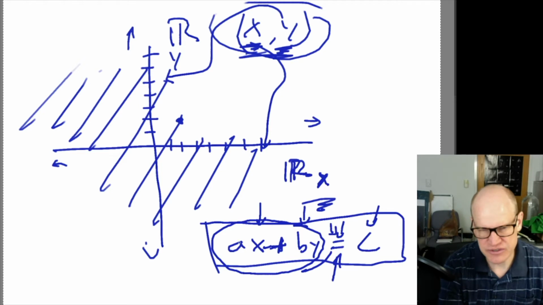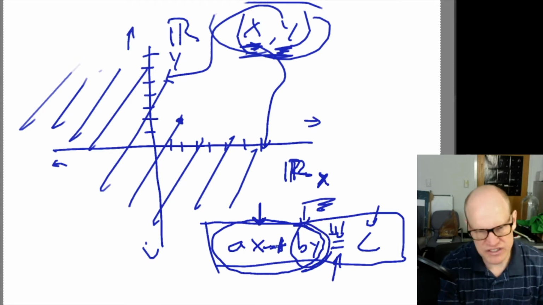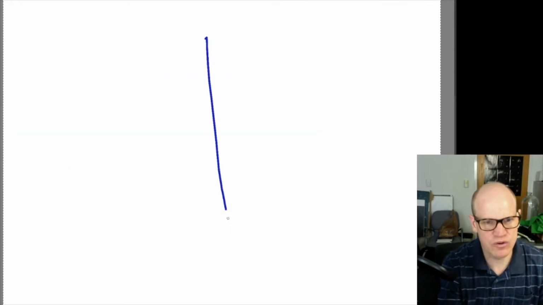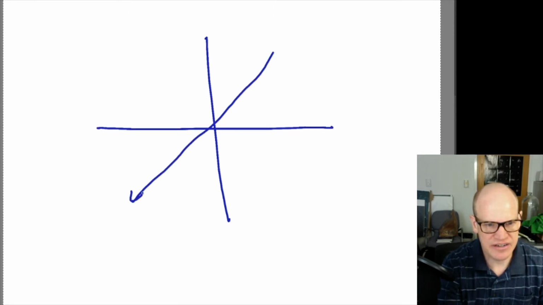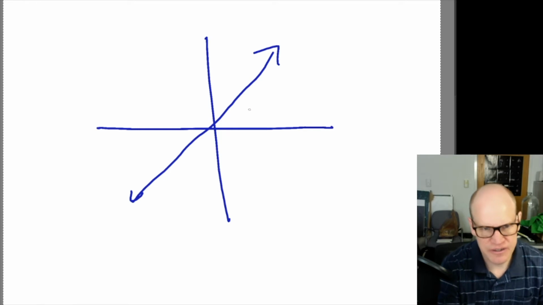You could move it over to the other side. By forcing this statement to be true, I might be able to choose x to be any value I want, but it constrains what value y can be. What this ends up doing is taking what would be an entire plane and dropping it down to being a line like this.